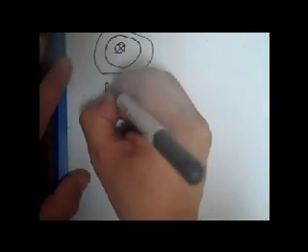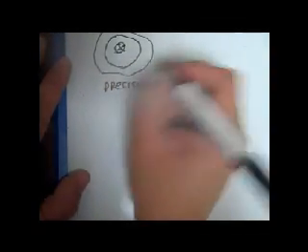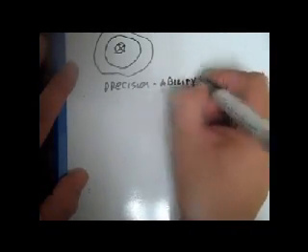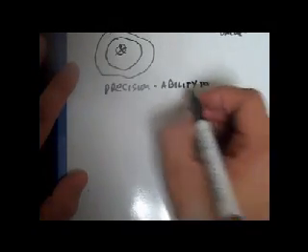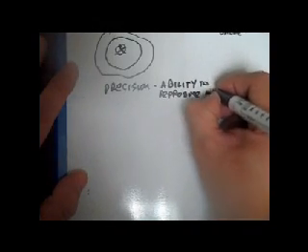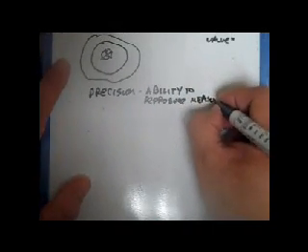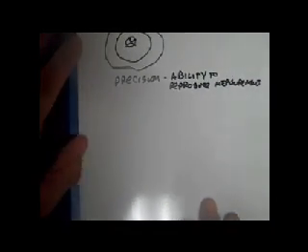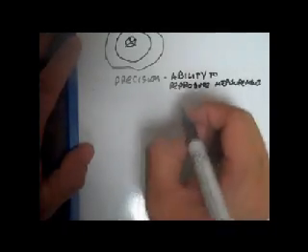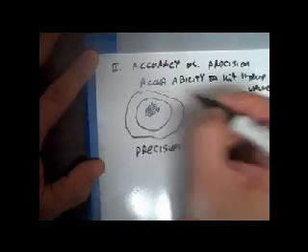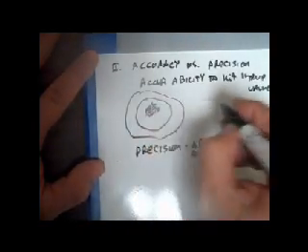Precision. What's precision? Precision is the ability to reproduce a measurement. So if you hit this and you're fairly on target, or if you have an arrow that hits the bullseye, it splits the arrows.